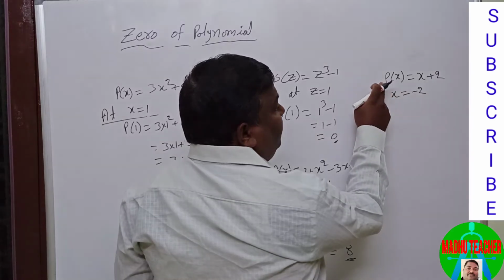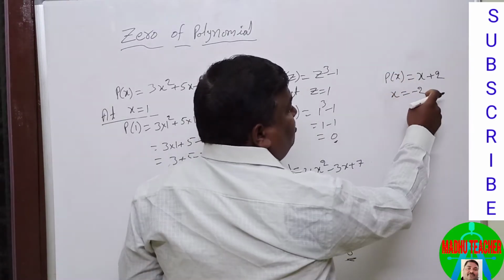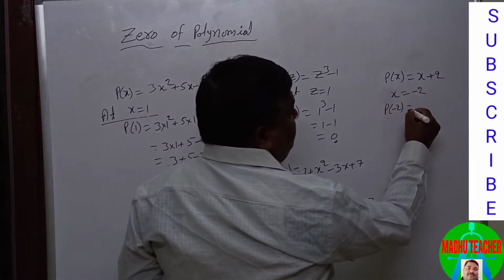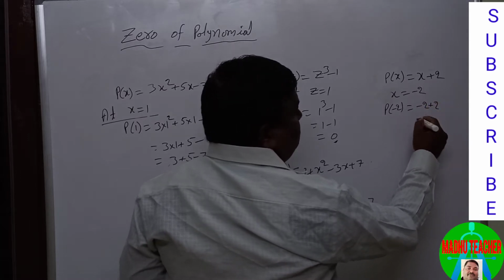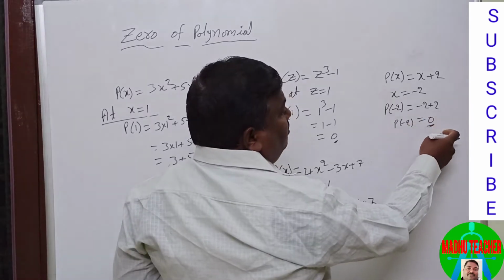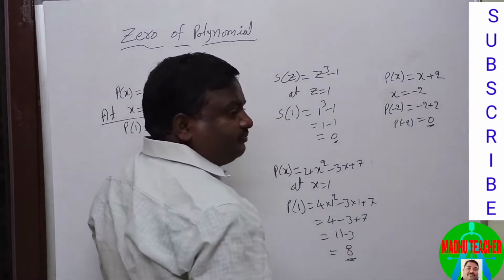So I am finding the value of the polynomial at x equal to minus 2. So I am replacing x with minus 2. Minus 2 plus 2. 2 minus 2 is 0. That is p of minus 2 is 0. Therefore, we say that minus 2 is the zero of this polynomial.